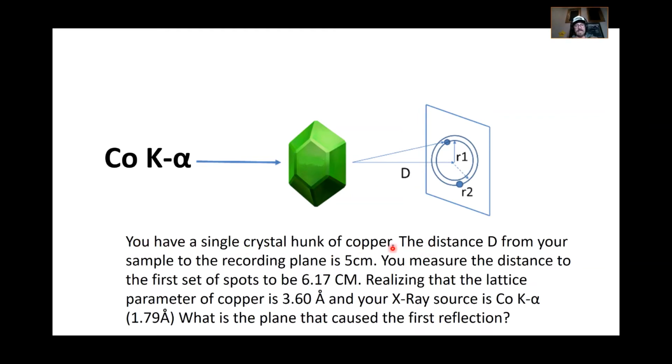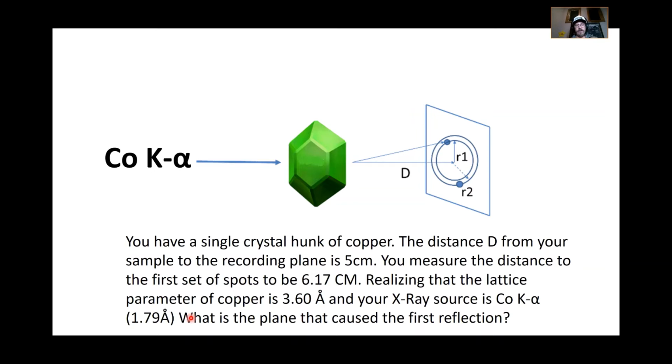The distance d from your sample to the recording plane is 5 centimeters. You measure the first set of spots to be 6.17 centimeters, realizing, or maybe you have a table of lattice parameters, that the lattice parameter of copper is 3.6 angstroms, and your X-ray source is cobalt K alpha, mixing it up a little bit, no copper K alpha today.